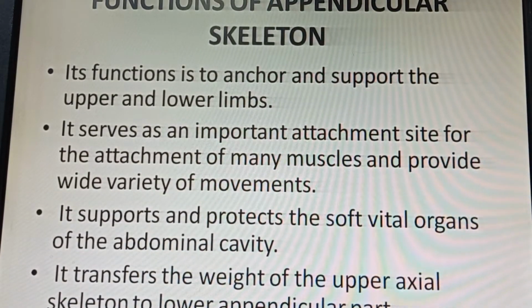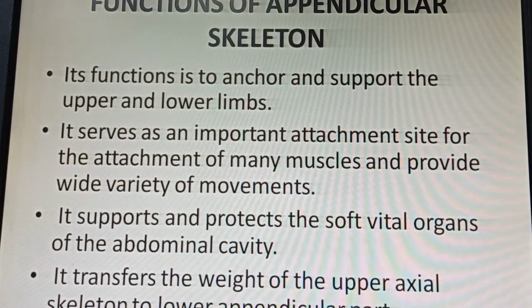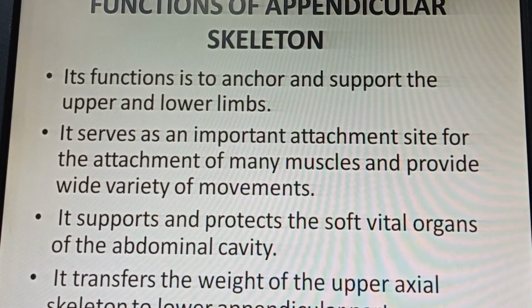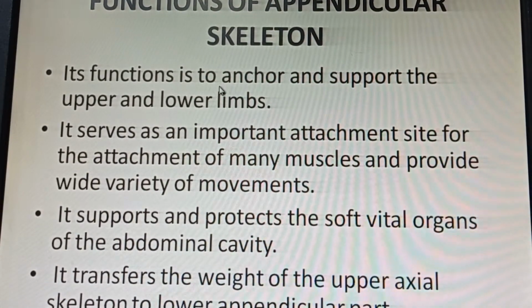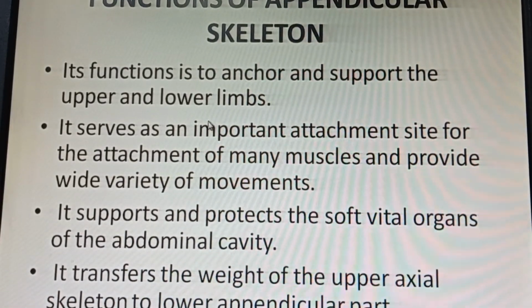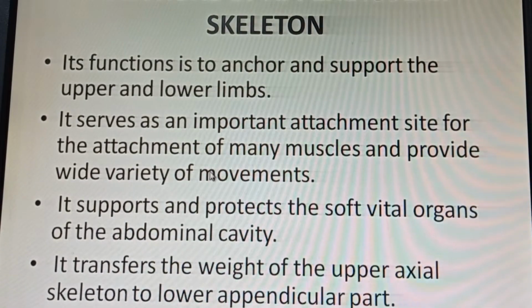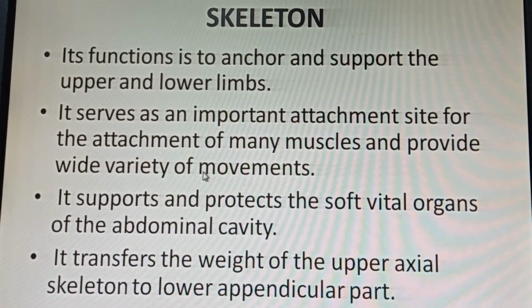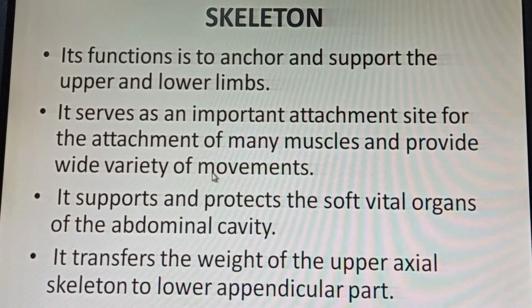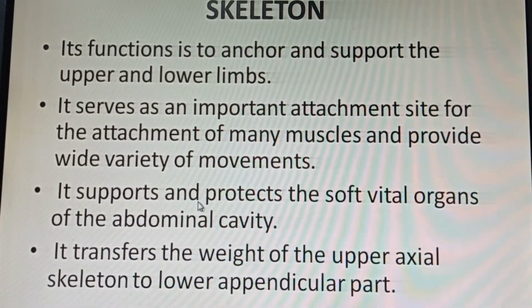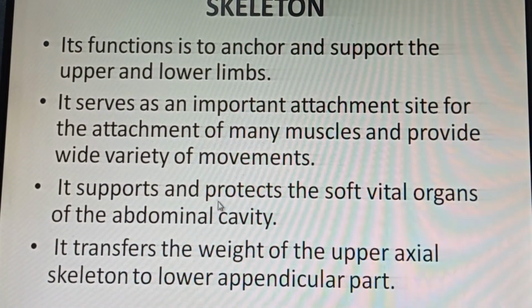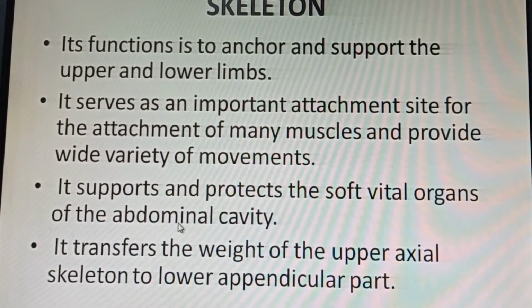Function of the appendicular skeleton: its function is to anchor and support the upper and lower limbs. It serves as an important attachment site for the muscles to provide variety of movements: walking, running, lifting, carrying some object, etc. It supports and protects the soft vital organs of the abdominal cavity.